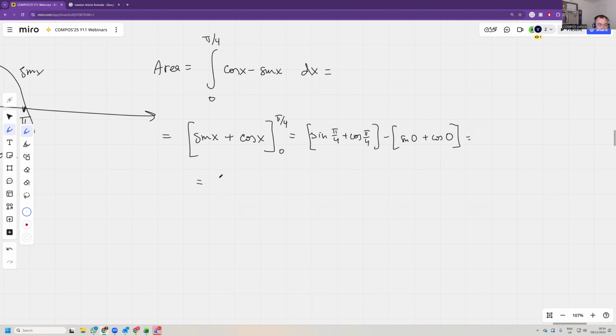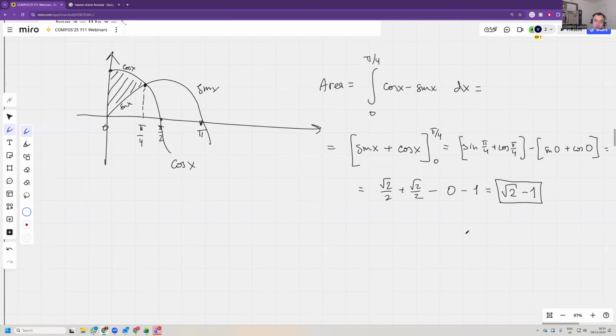Sine pi over 4 is square root of 2 over 2, plus square root of 2 over 2, minus sine 0, minus 0, and minus 1. Square root of 2 over 2 plus square root of 2 over 2 is square root of 2. That's square root of 2 minus 1. And that's the answer. That's the area between the two curves.